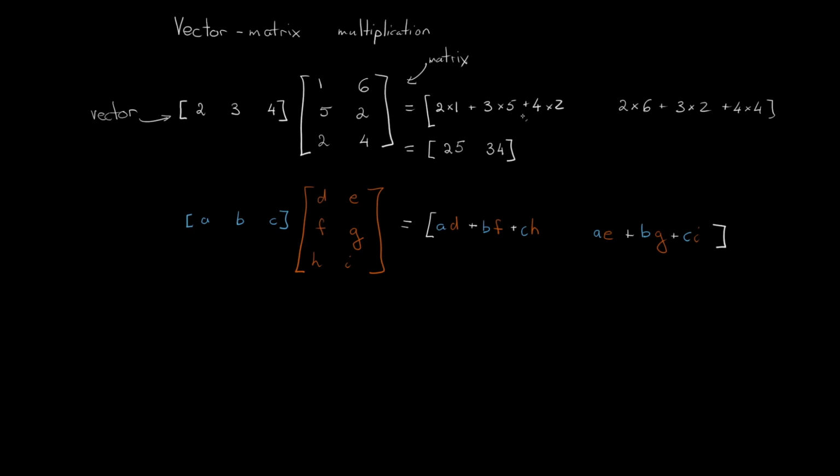We have multiplications, we have additions, and you can imagine that if we have matrices that are millions of rows in size, it can take some time. So the question is, can we somehow accelerate these sorts of operations? So let's have a look at how we could actually do that.